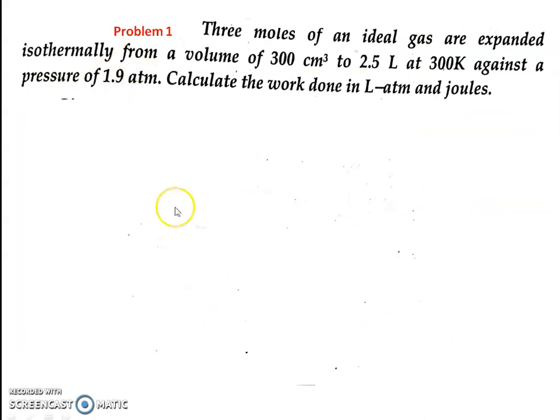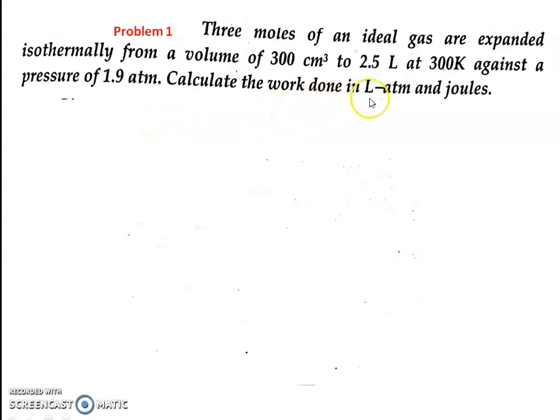The first problem is: 3 moles of an ideal gas are expanded isothermally from a volume of 300 cubic centimeter to 2.5 liter at 300 Kelvin against a pressure of 1.9 atmosphere.